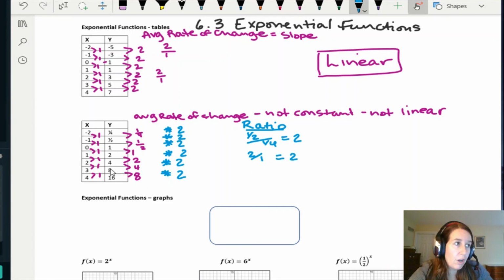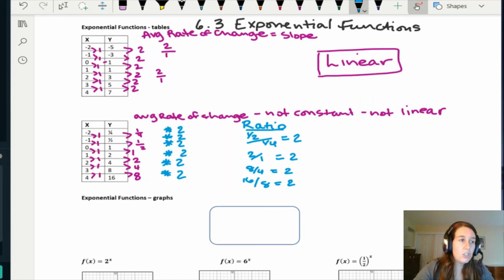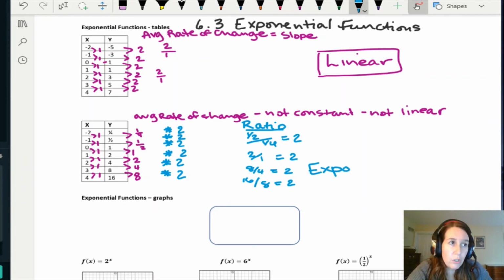The ratio of 8 to 4 is constant. It's still 2. The ratio of 16 to 8 is 2. So when the ratio of the y values is the same, or an easier way to think of it, when they are multiplied or divided by the same number, then that is an exponential function.